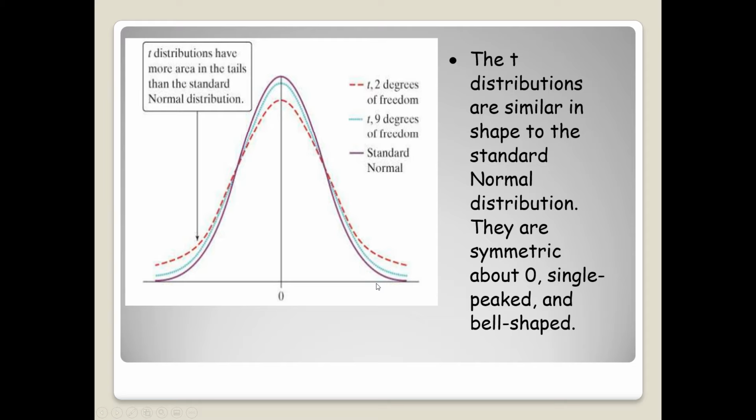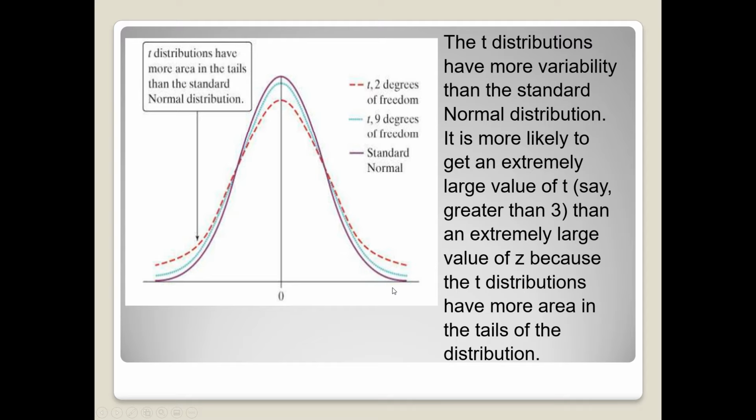So let's look at how it looks. Notice the T1, which is the dotted one in the light blue, 2 degrees of freedom and 9 degrees of freedom. If you notice, the spread is a little bit higher, right? Both are symmetric around 0, single peak and bell curve. They do not look any different other than the spread.